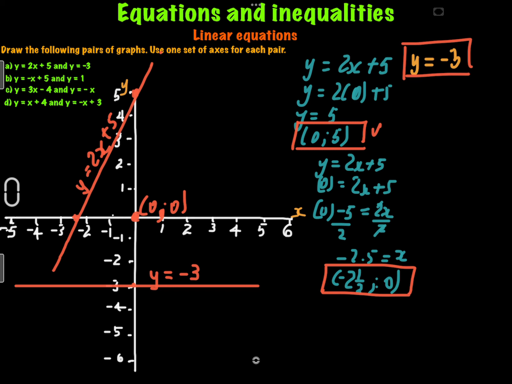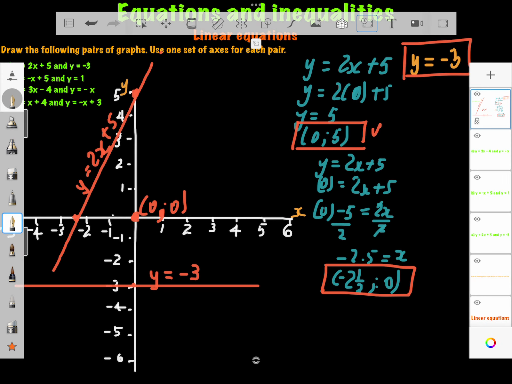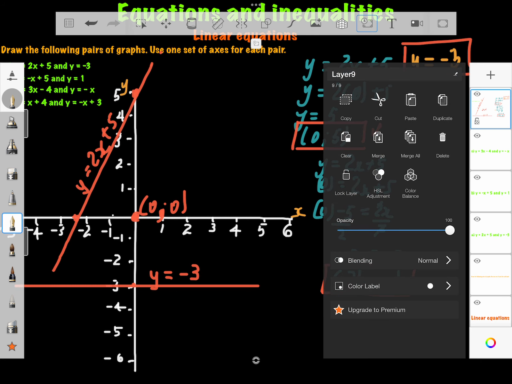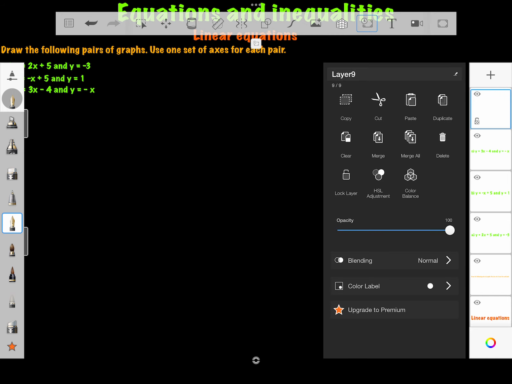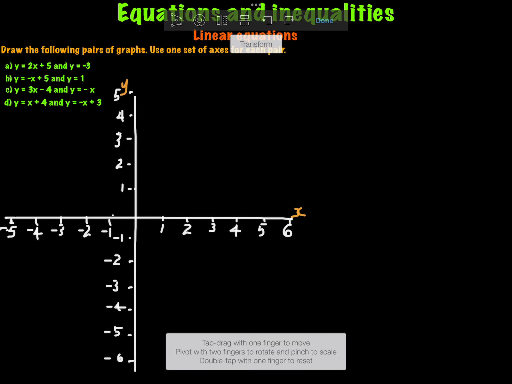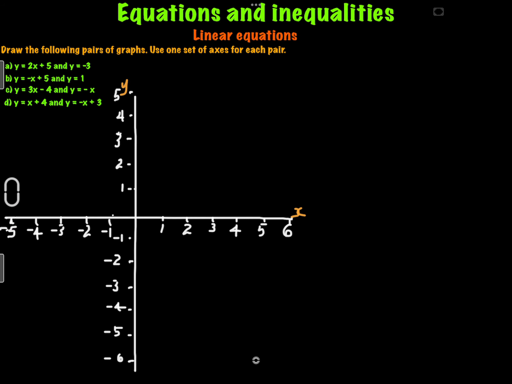Let's look at the next question. Our next question is to draw on a Cartesian plane another pair of graphs.